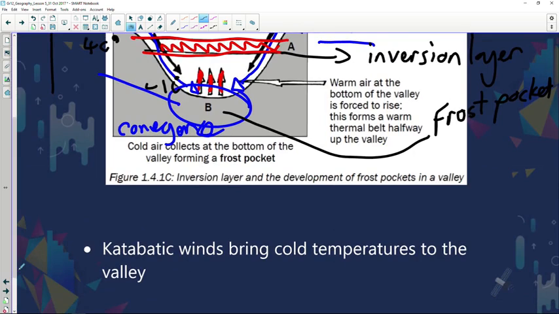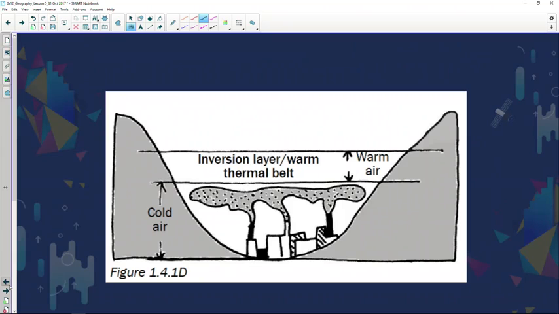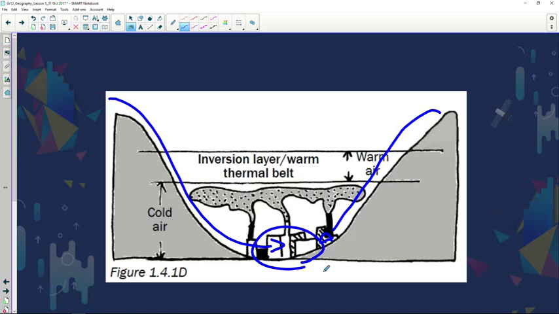Now, obviously, the katabatic winds, because of cold temperatures, what happens? It sinks down to the bottom of the valley floor. As you can see, there's another diagram. If we can just quickly start drawing over here, the cold air sinking to the bottom of the valley. What do we call what happens over here?